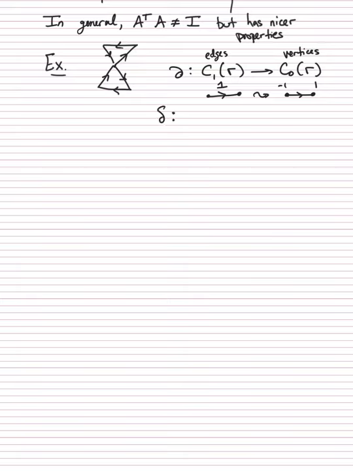Then you extend it linearly to any function on the edges. The other one was the map which goes from functions on vertices to functions on edges. Again, I'll just say what it did on a basis. If I put a 1 on this vertex and zeros everywhere else, it went to this picture where you assign 1s and minus 1s to the edges containing it.